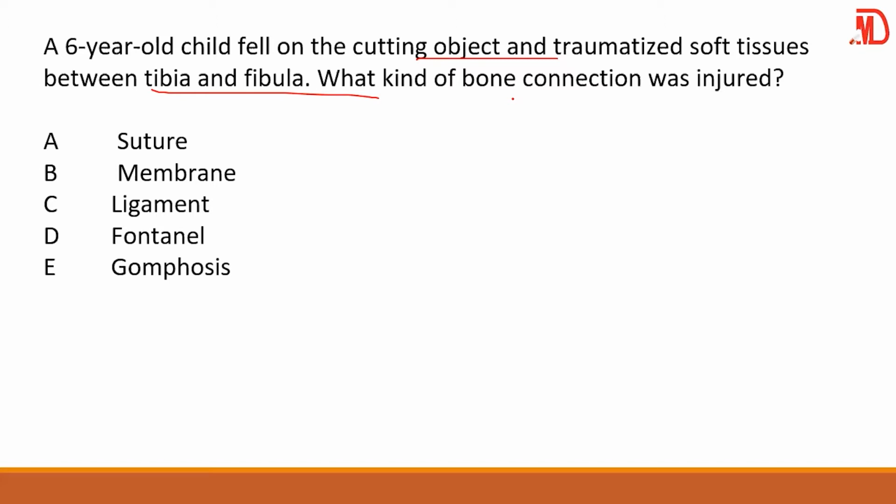So here you are thinking of interosseous membrane or interosseous ligament. But don't go for ligament as the answer, but rather membrane. If they've added interosseous, then you can see interosseous ligament, but interosseous membrane is the right answer. So the answer is B.